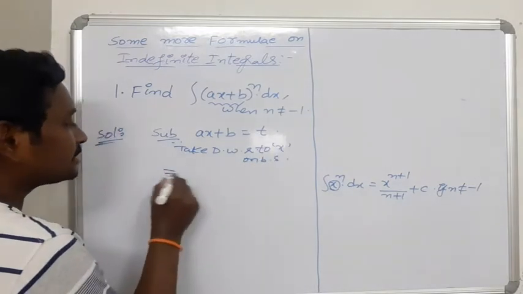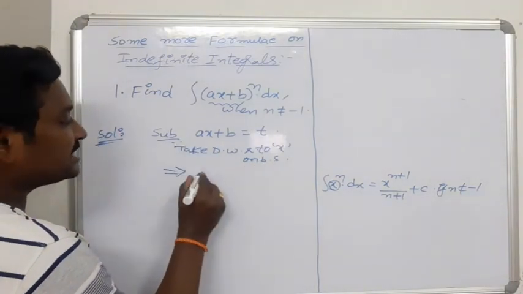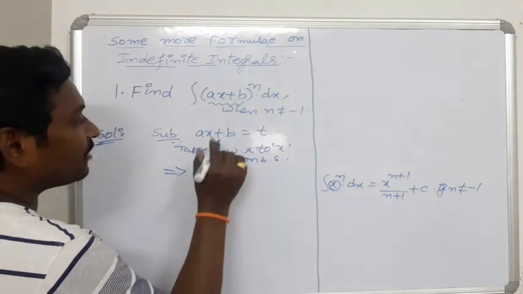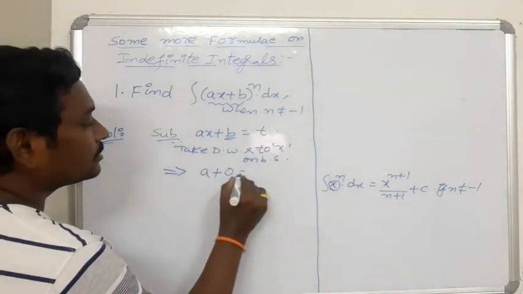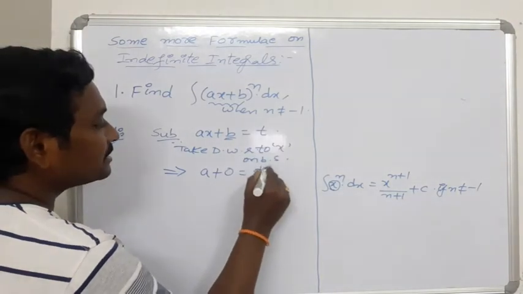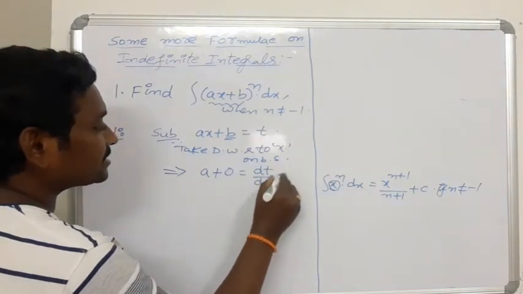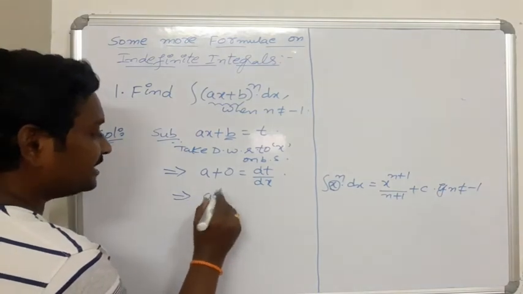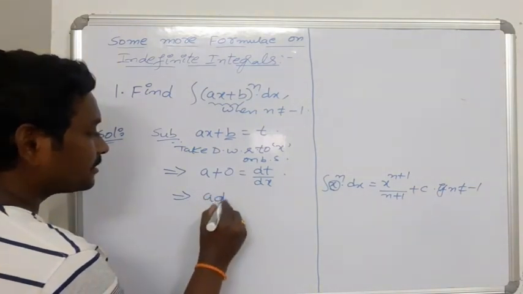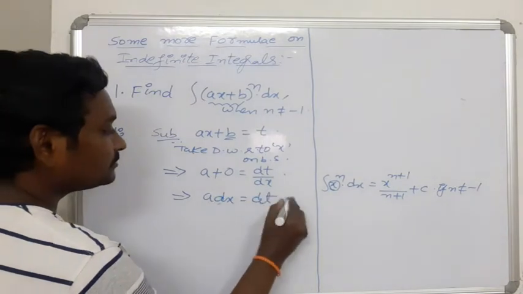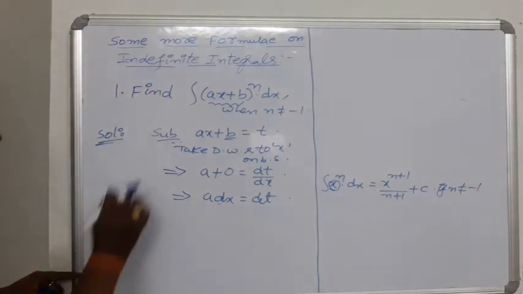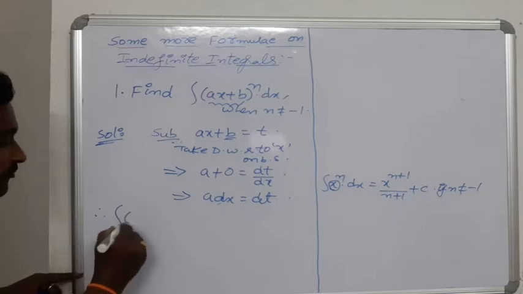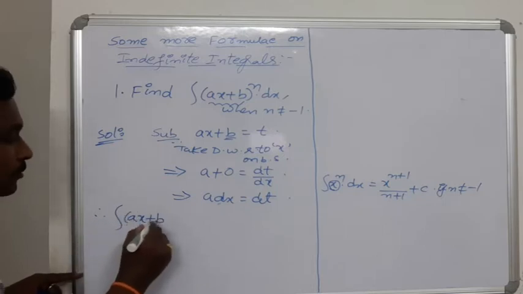The derivative of ax is a, plus the derivative of the constant b is 0, and the derivative of t is dt by dx. This can be written as a dx is equal to dt.